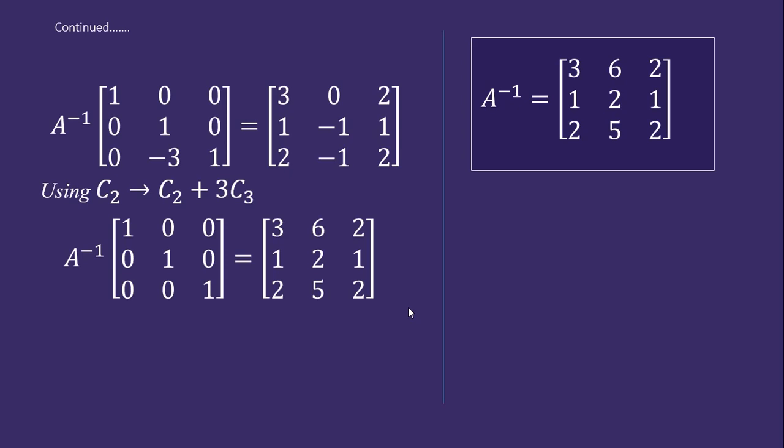So at the most 9 or 10 steps are required to convert a given matrix to an identity matrix. So if you practice it well, it is very easy. We only have to do multiplication, addition and subtraction, but we have to do them repeatedly. But it is very easy.